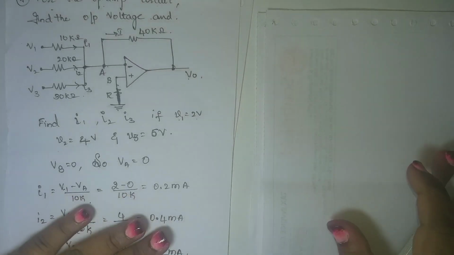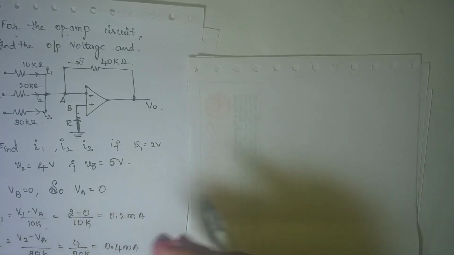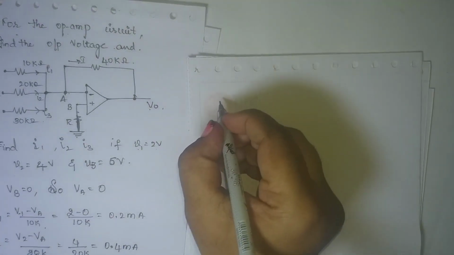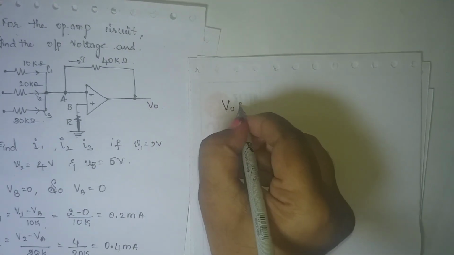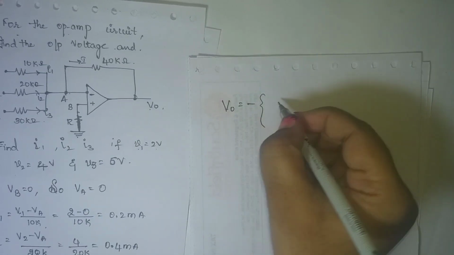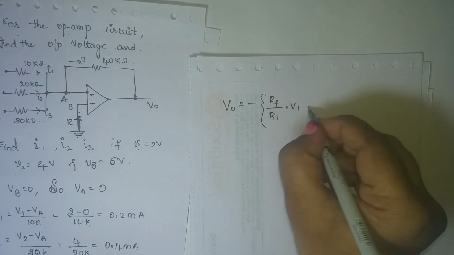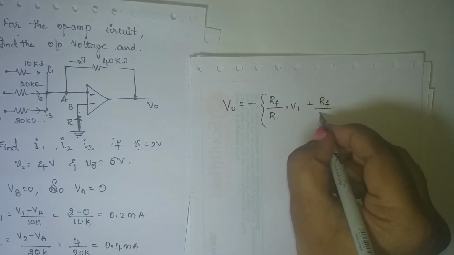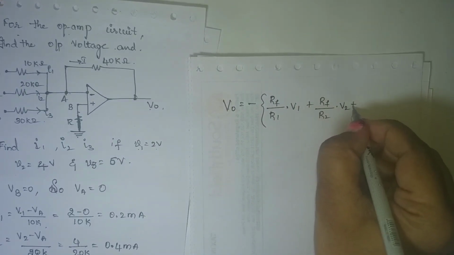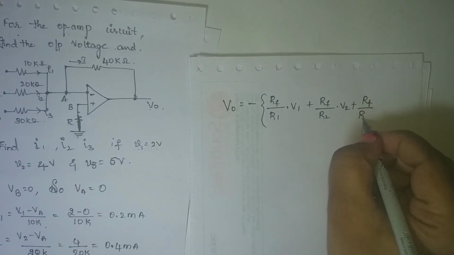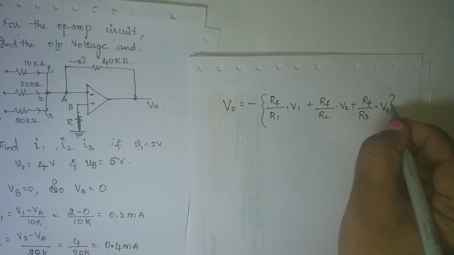I know the expression for the output, so there is no need to calculate the other part. V0 is equal to minus of RF divided by R1 into V1 plus RF divided by R2 into V2 plus RF divided by R3 into V3.